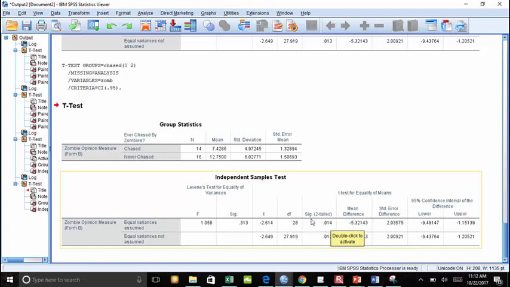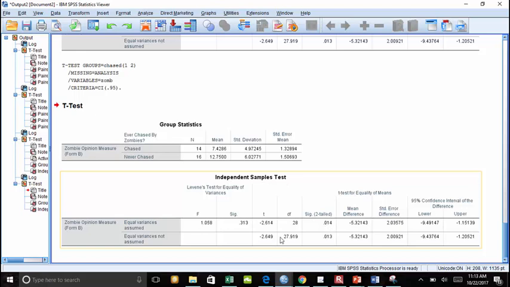I surely would have a much more negative feeling about zombies if they had chased me. And then the mean difference is just taking 7.42 minus 12.75. So people who have been chased by zombies on this questionnaire were 5 points lower. Their attitudes were 5 points less positive.